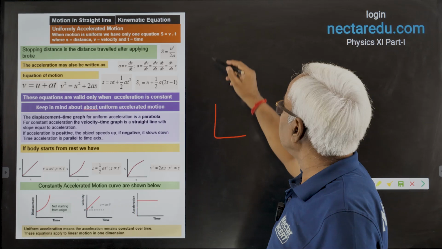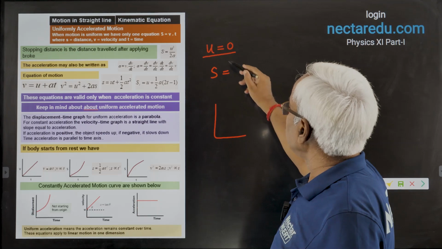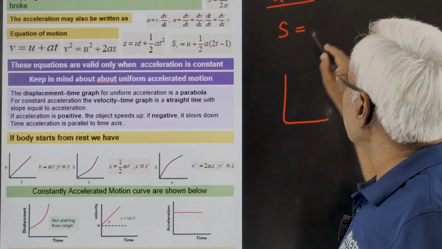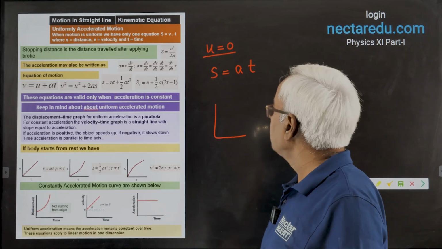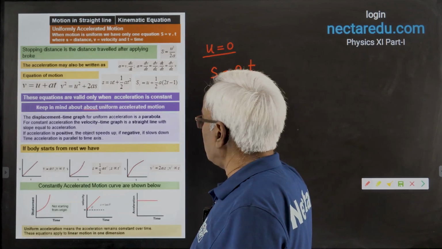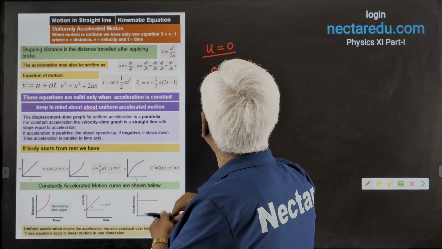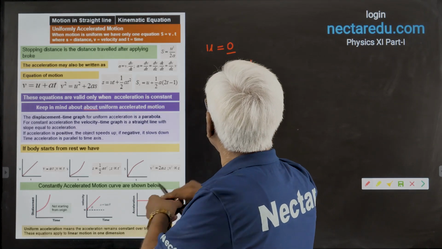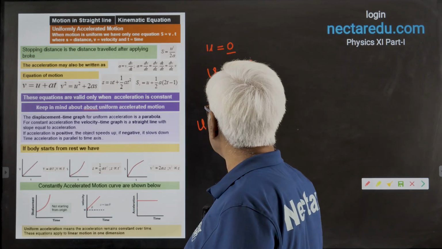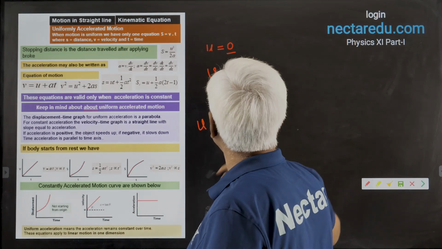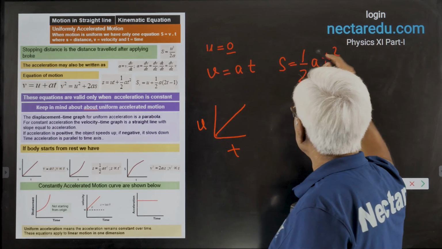And if you go ahead with one very special condition that u is equal to 0, then from u plus at you get v equal to at, so the v-t relation will be a straight line, because v is proportional to t. s will be equal to, first term goes to 0, s will be proportional to t square.